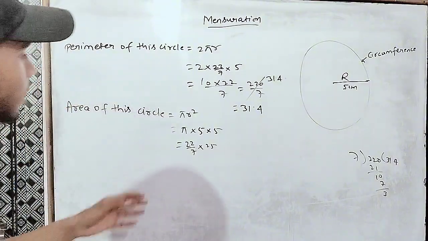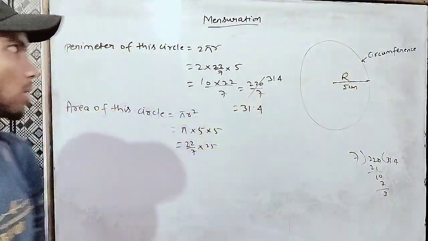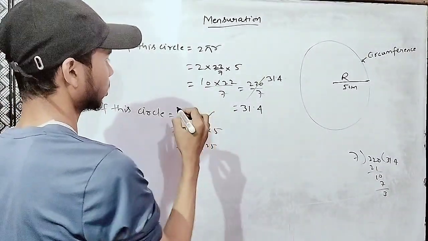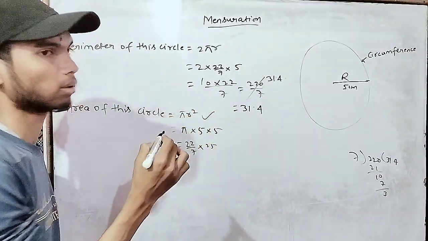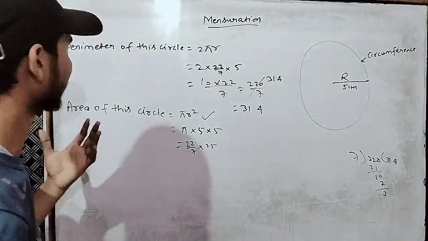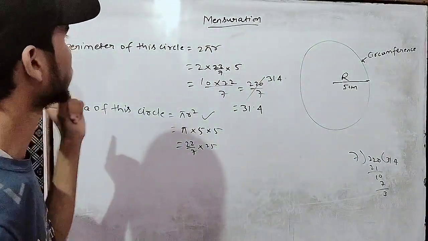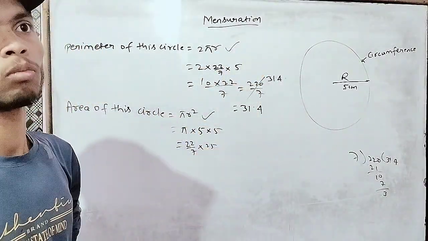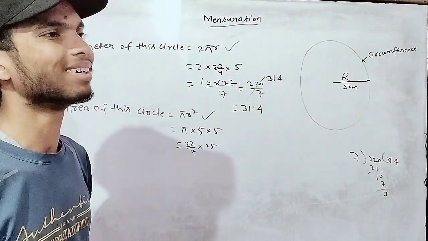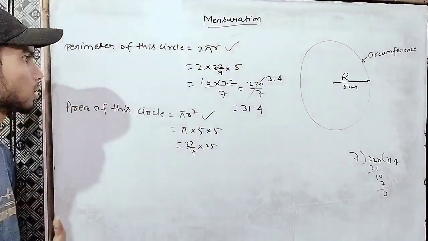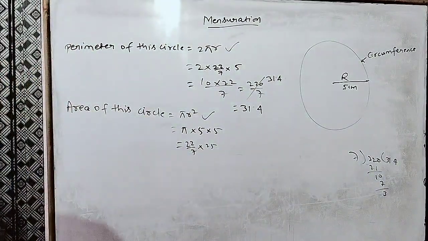We will get the total area of this circle. My point was, this is the formula for the area of a circle, and this is the formula for calculating the perimeter of a circle. I hope you understood something.